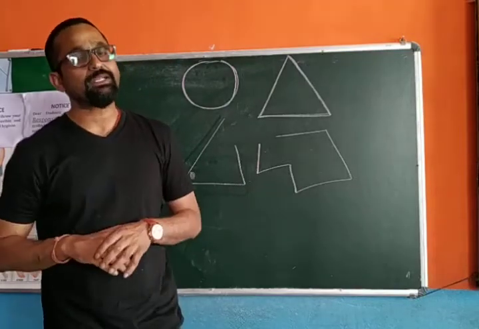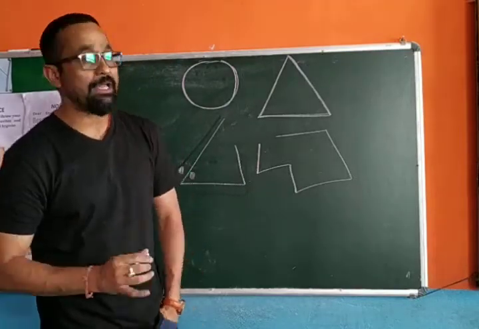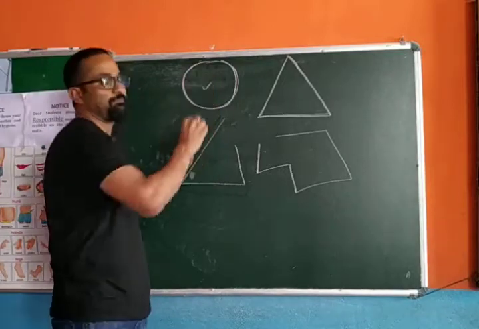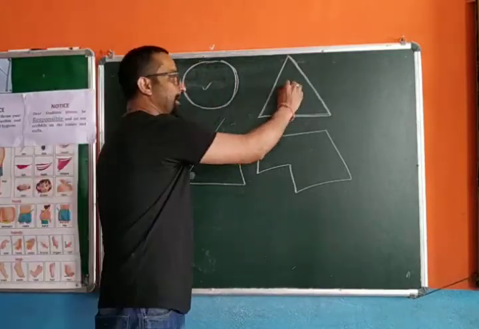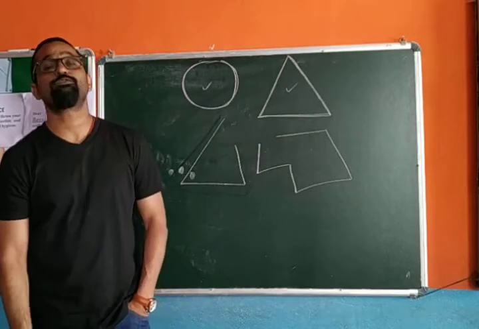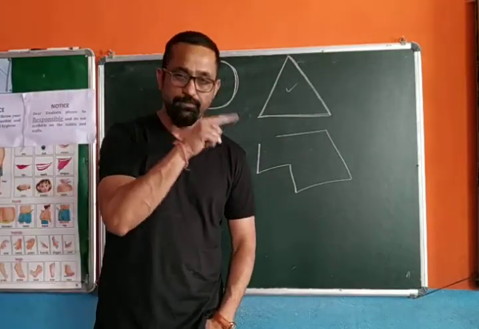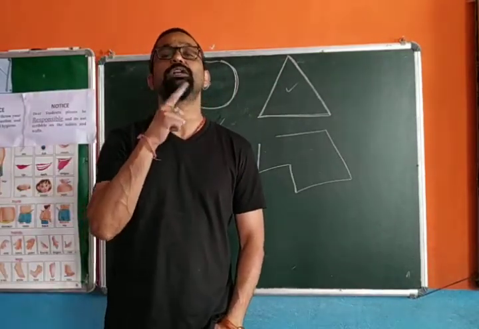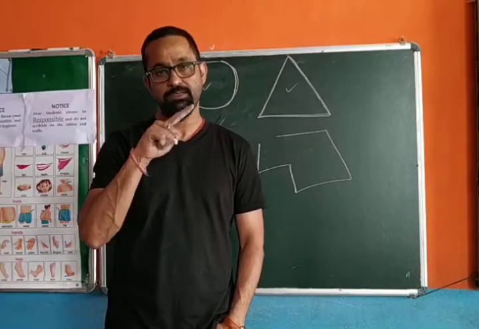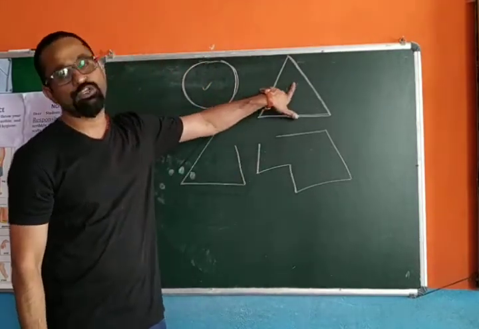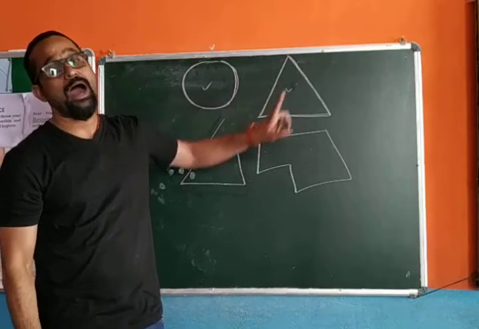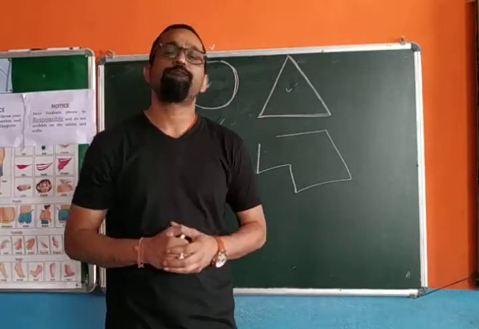So by looking at the diagrams we conclude that the first one and second one are closed figures. The figures which are bounded by continuous curved lines or continuous line segments are called closed figures.